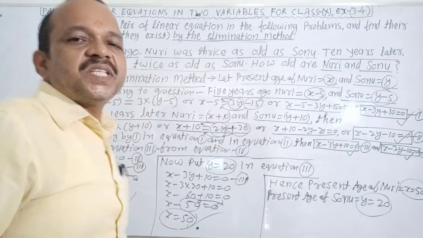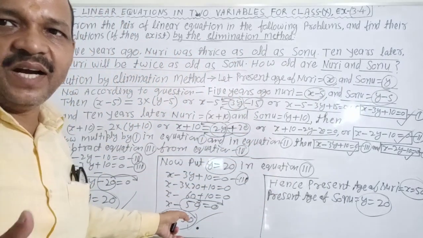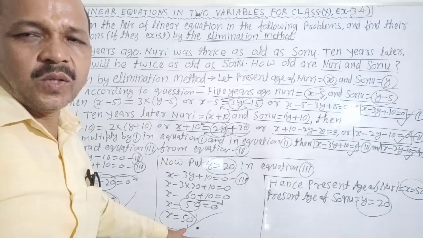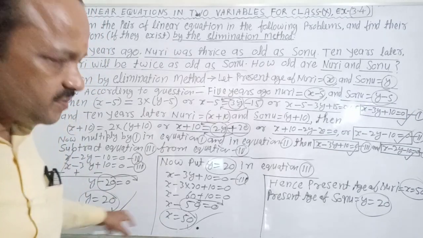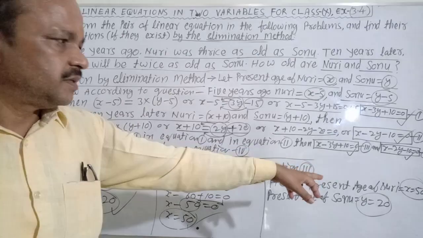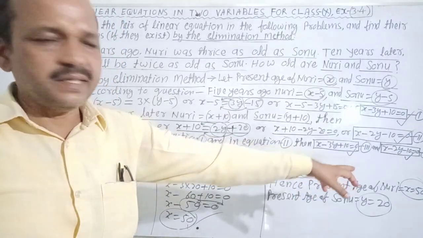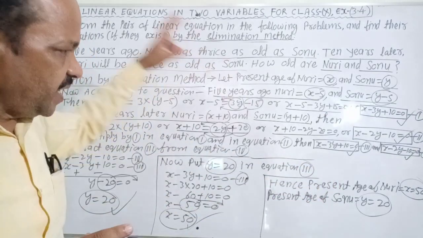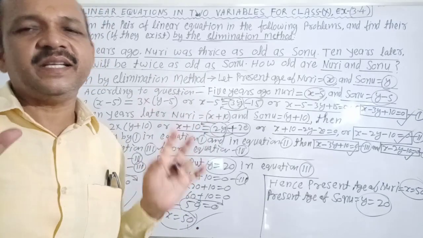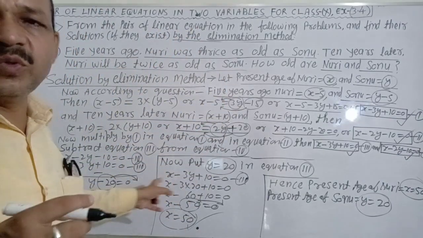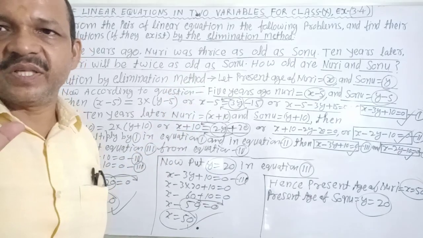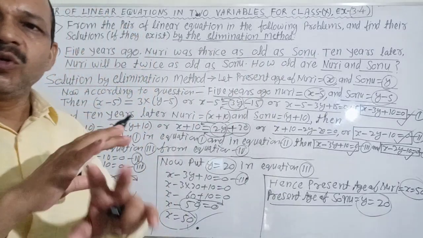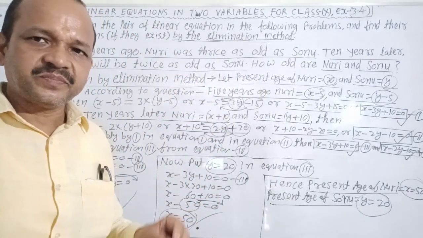You solve your question very easily by the elimination method and you find the value of x and the value of y. Value of x equal to 50, value of y equal to 20. Hence the present age of Nuri, means x, equal to 50 years and present age of Sonu equal to y equal to 20 years. Clear? In this way you can solve any question very easily by the help of this solution and by the help of elimination methods. Clear? Present age of Nuri, present age of Sonu. No confusion about it? Very good.